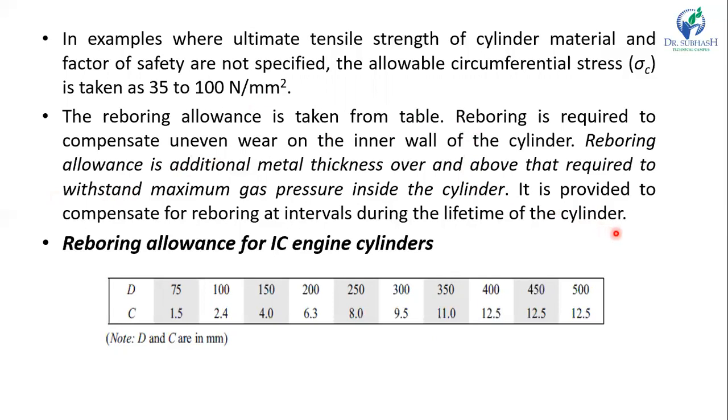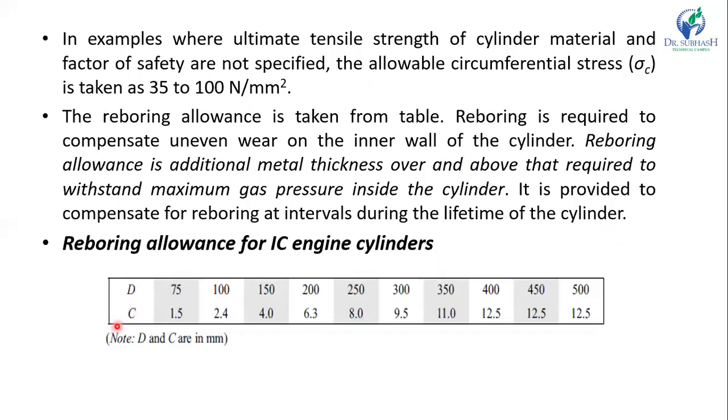Reboring is required to compensate for uneven wear on the inner wall of the cylinder. So reboring allowance is the additional metal thickness over and above that required to withstand the maximum gas pressure inside the cylinder. It is provided to compensate for reboring at intervals during the lifetime of the cylinder.